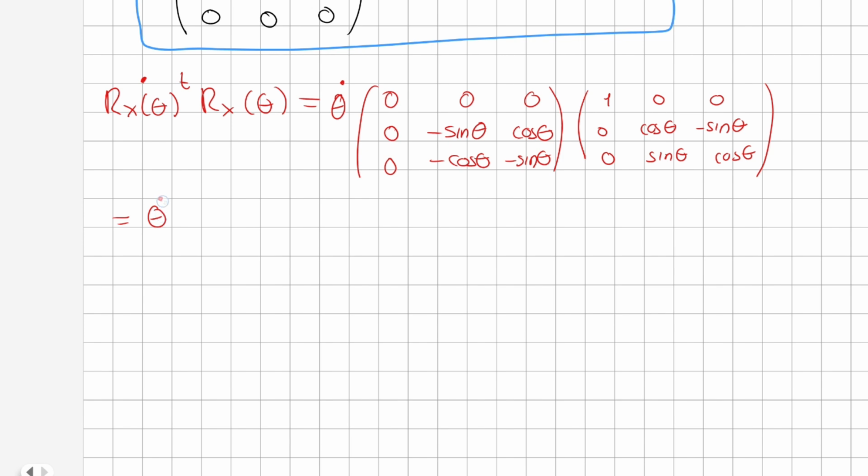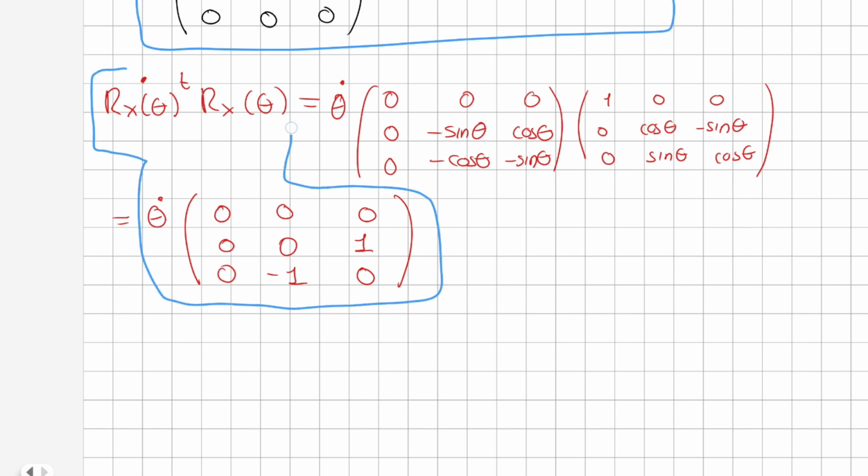So this is going to be theta dot times, here we are going to get, of course, 0, 0, 0, 0, 0, and then minus sine times the cosine plus cosine times the sine, that is going to be a 0 here, plus sine squared plus cosine squared, it will be 1 here, then minus cosine squared minus sine squared, it will be minus 1 here, and then plus cosine sine minus cosine sine, it will be 0. Perfect. Again, another important result that we are going to use later on.